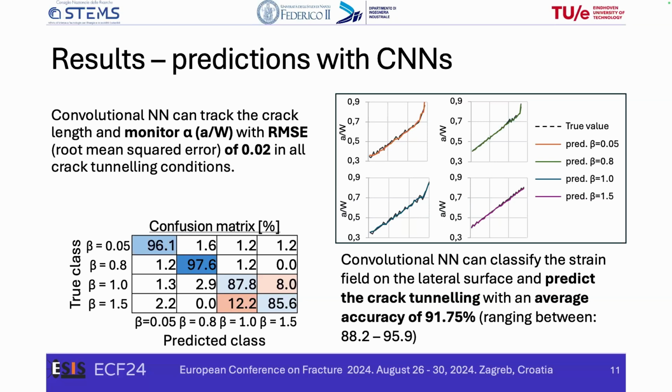With respect to the regression of the crack length, our convolutional neural network has been able to do so with a root mean squared error of 0.02. And with respect to the prediction of the crack tunneling conditions, our neural networks have been able to predict it with an average accuracy of 91.75%.